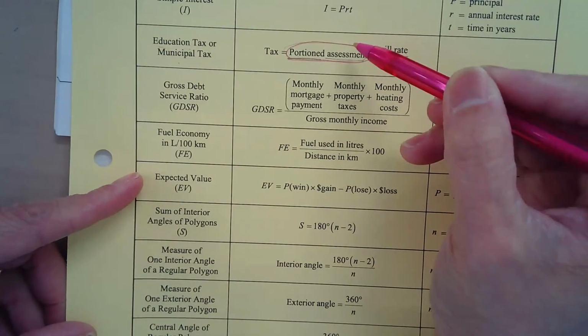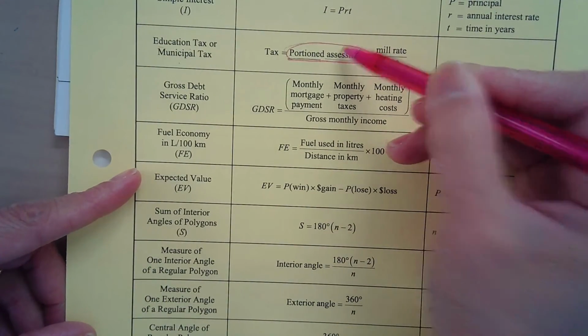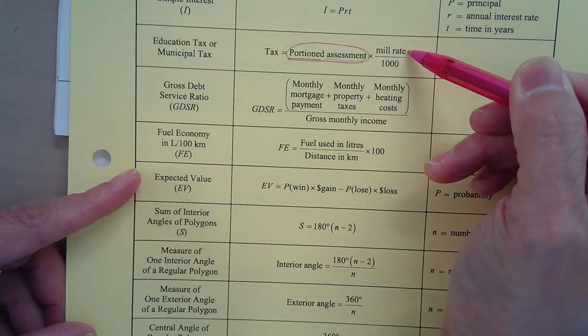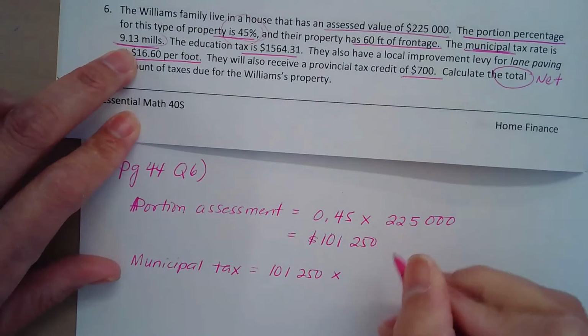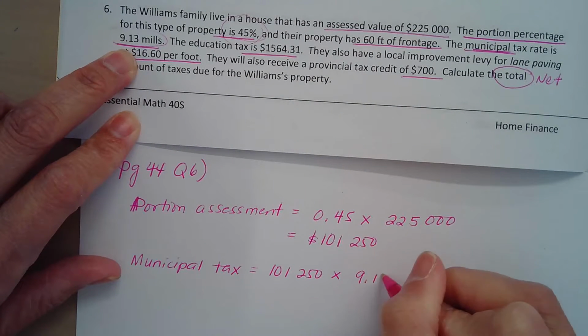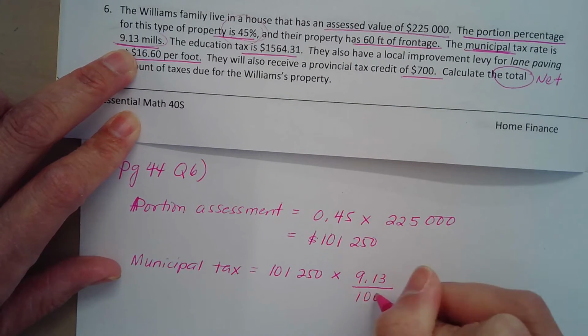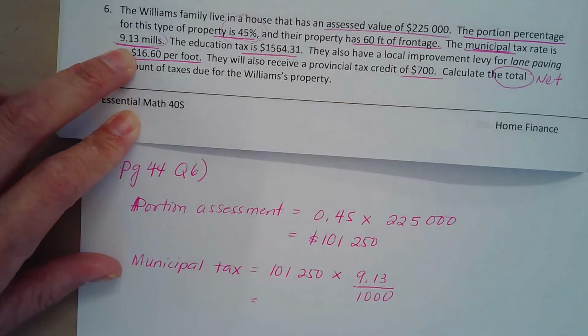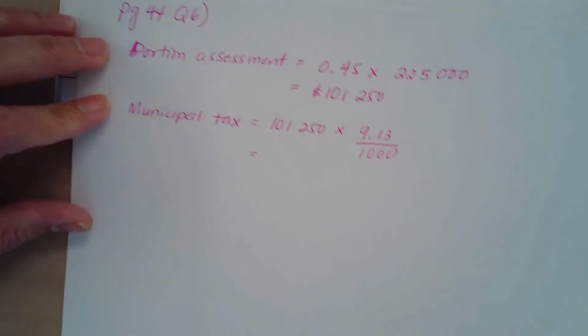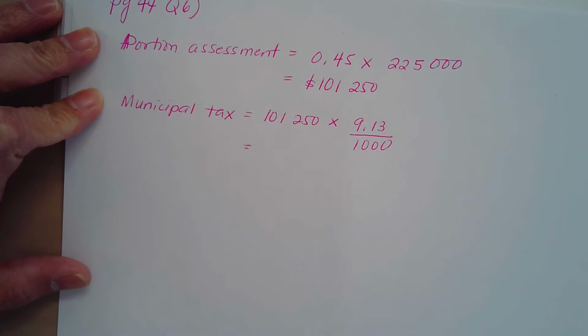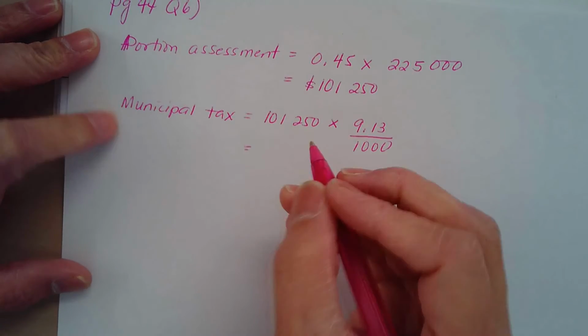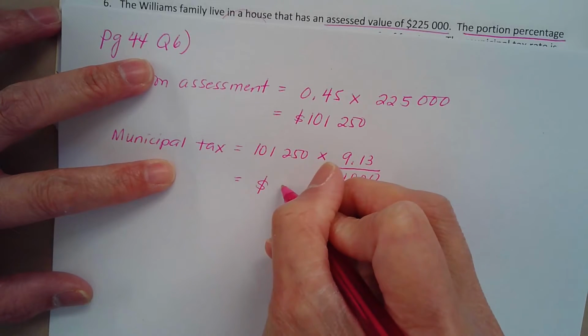Here's our formula: portion assessment times the mill rate divided by 1,000.